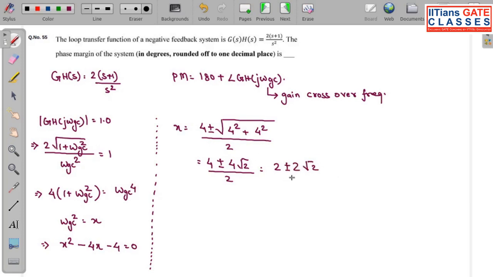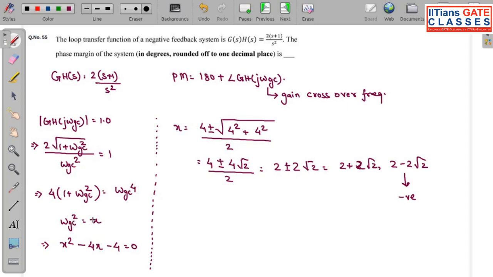Now tell me one thing. Which of the values of x is not possible here? First, which of the values is negative? This value is negative, because this is 2 and this is 2 into 1.414, so this will be a negative value. X is omega gc squared.